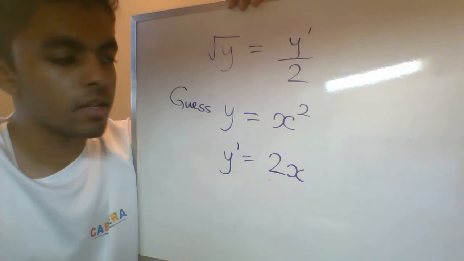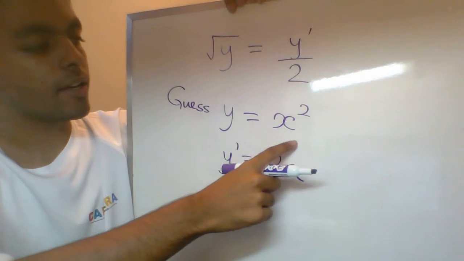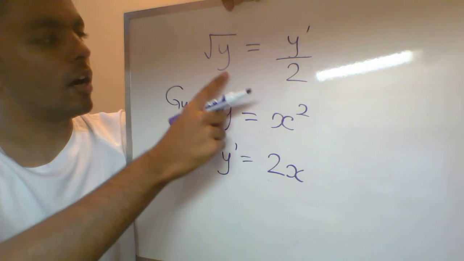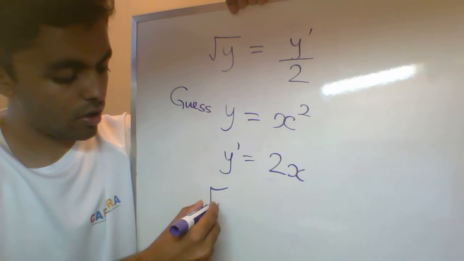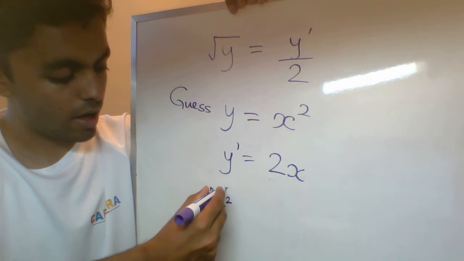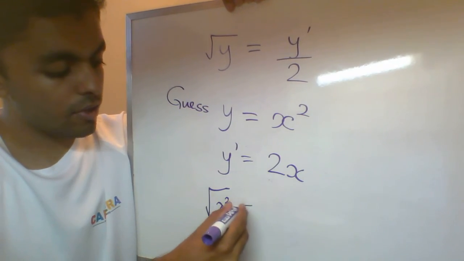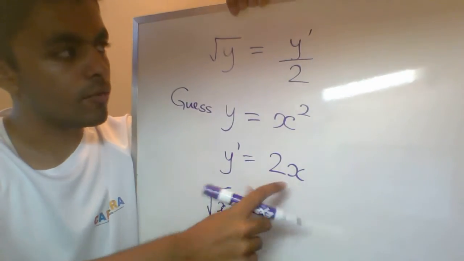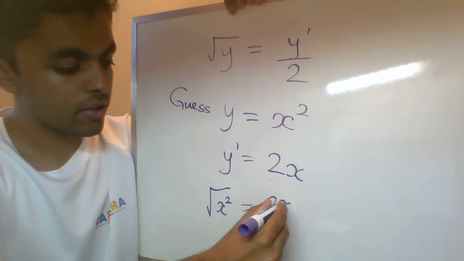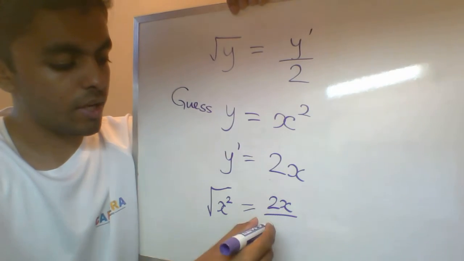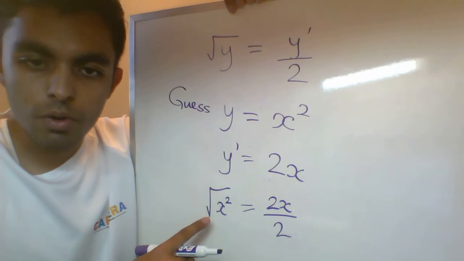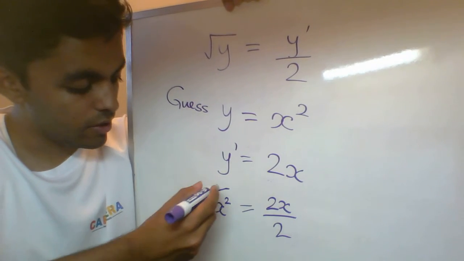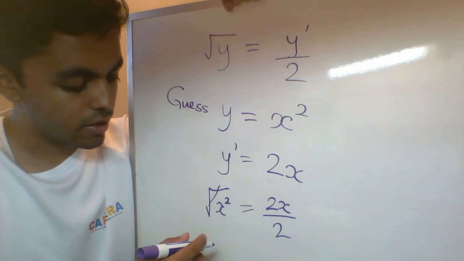Simple enough. Now, if you plug in x squared up in here for y, then you get root of x squared, because that was y, is equal to y prime, which is 2x divided by 2. Now, if you have a square root of something squared, the square root and the square just cancel.